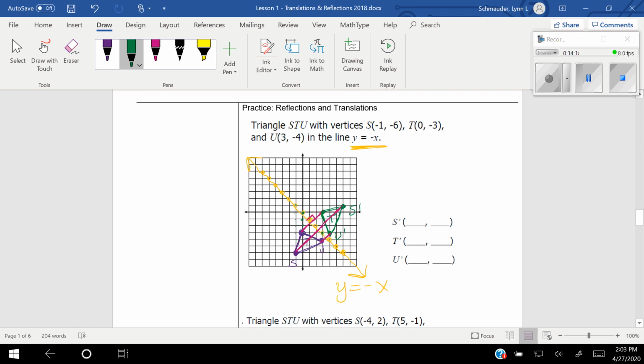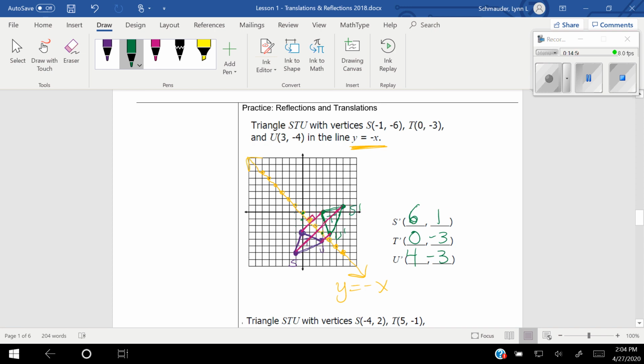And let's see, I don't think I have the coordinates for that new, oh yes I do. The coordinates are 6, 1, 0, 0, negative 3, and 4, negative 3.